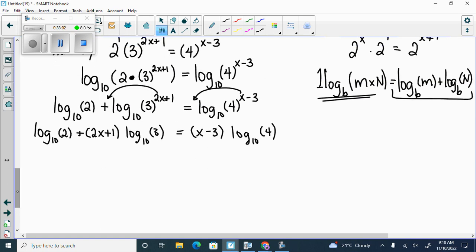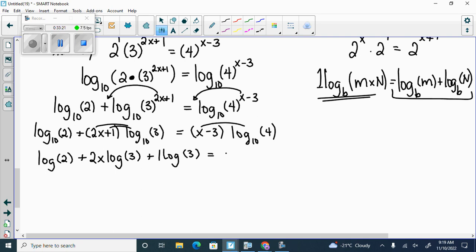And so then I get log of 2. I can drop the base off if I want to. Plus 2x log 3 plus 1 log 3 equals x log 4 minus 3 log 4.